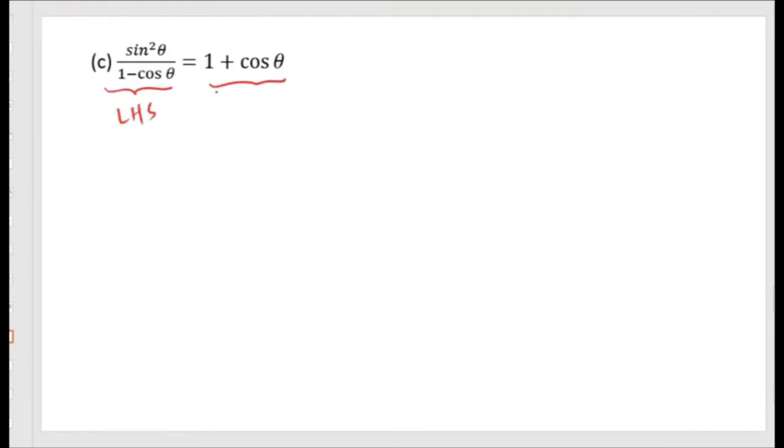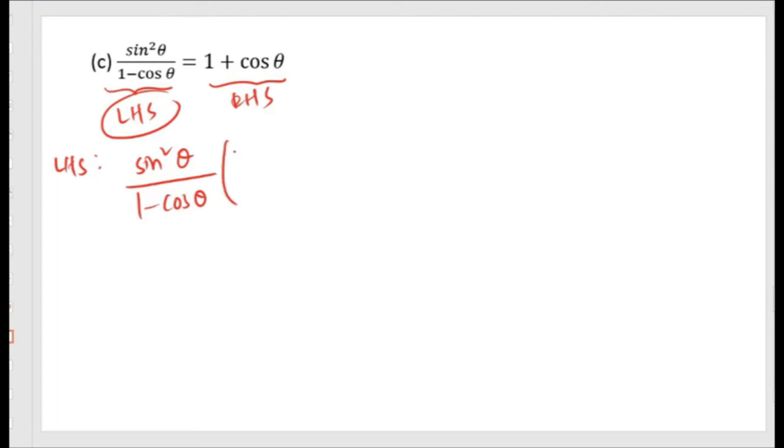Left hand side, right hand side. Another way is also we prove from the left hand side: sine squared theta over 1 minus cos theta. Because I want 1 plus cos theta, I multiply by 1 plus cos theta over 1 plus cos theta, both top and bottom.